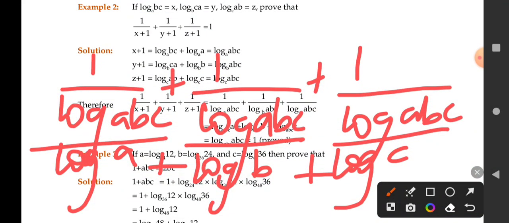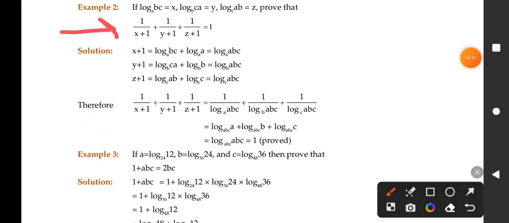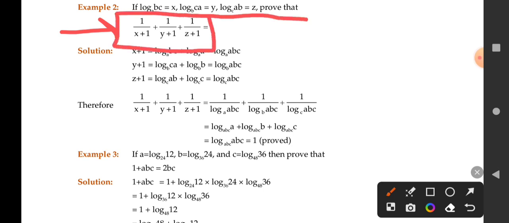I hope you are able to imagine this more than trying to solve every step in the exam. In the exam, if these equations are given and you are asked the value of 1 divided by 1 plus x plus 1 divided by 1 plus y plus 1 divided by 1 plus z, you should be able to solve it as quickly as possible.